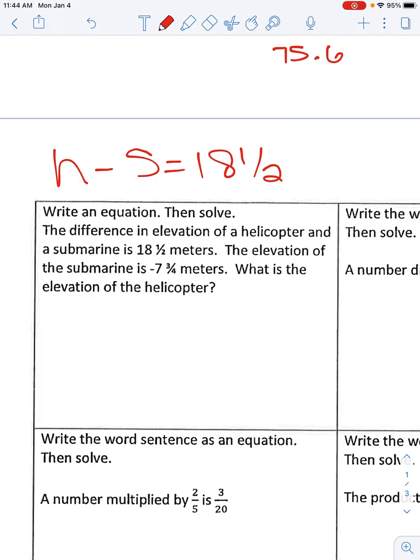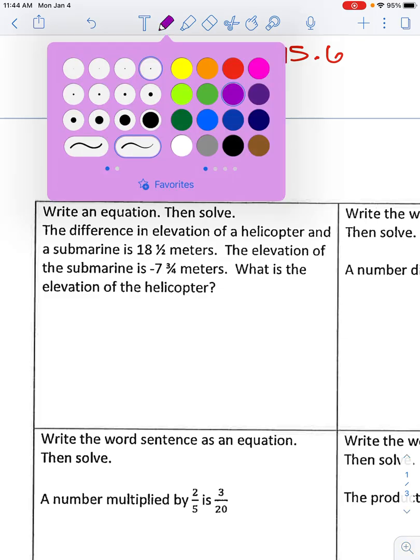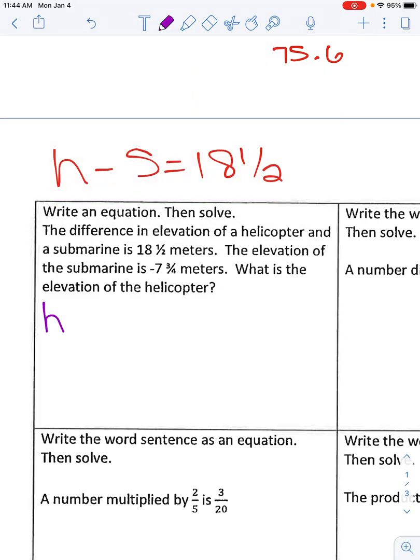It then says the elevation of the submarine, so it gives us the S, is negative 7 3/4. So I'm going to write it like this. Now, what is the elevation of the helicopter? Okay, so remember that we're going to do the inverse to solve.